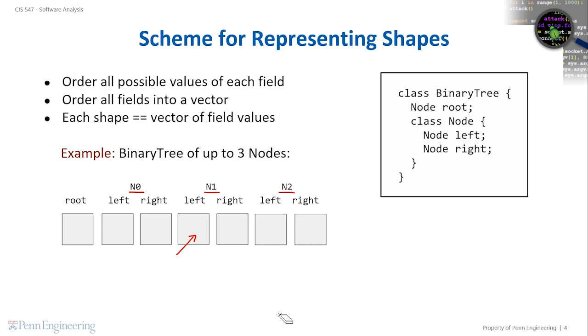Each of the boxes can contain either a null, n0, n1, or n2. Each possible assignment of these values results in a different input shape to test. Let's do a quiz next to see how different assignments result in different shapes.